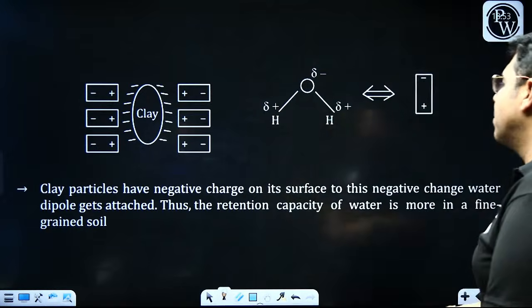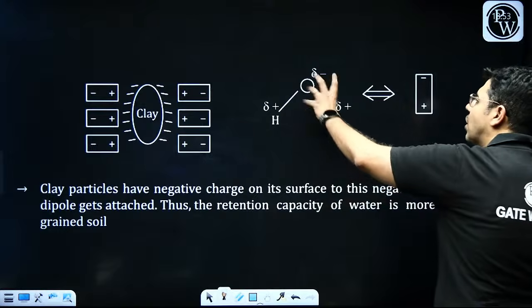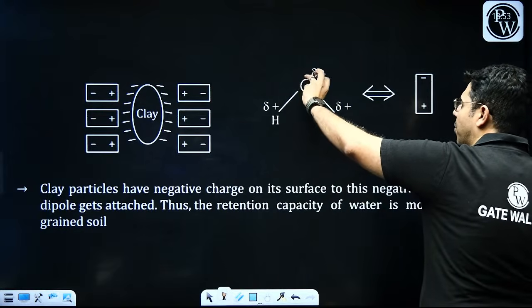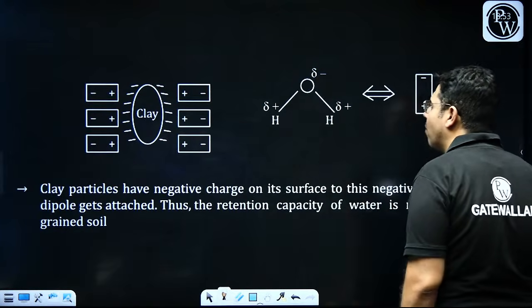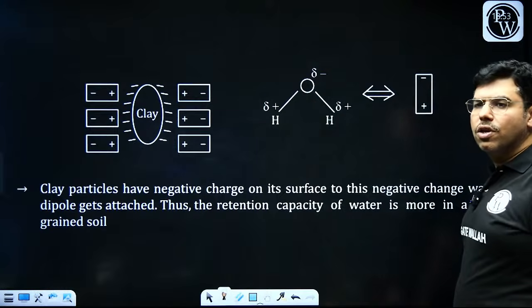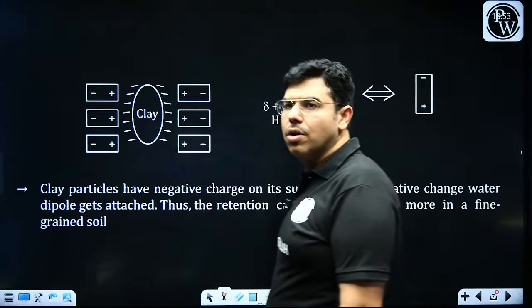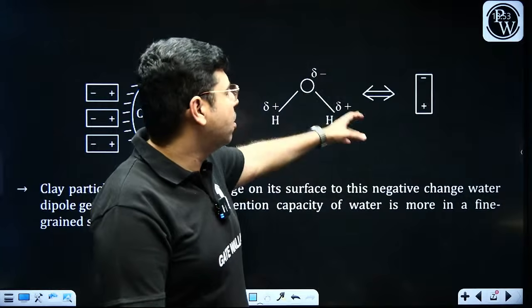Now water is a dipole. There is a charge separation in water because of the higher electronegative value of oxygen. You have a negative pole in water as well as a positive pole.